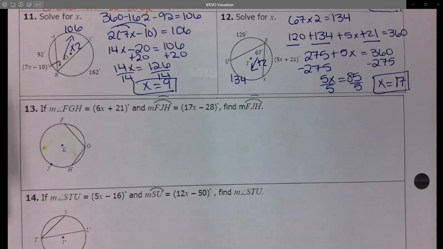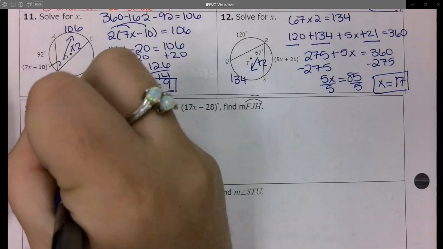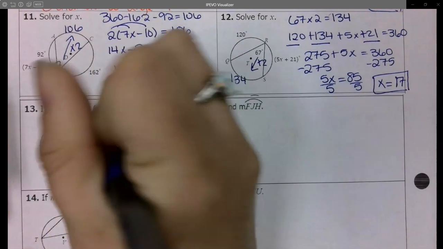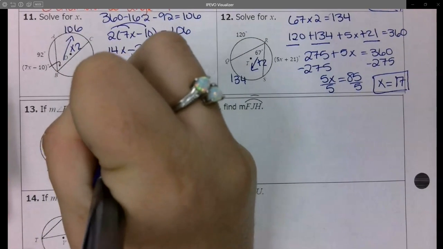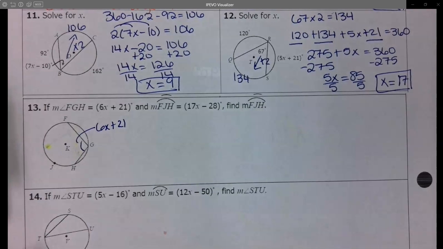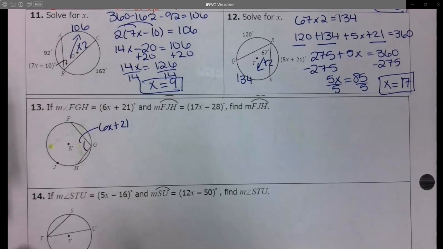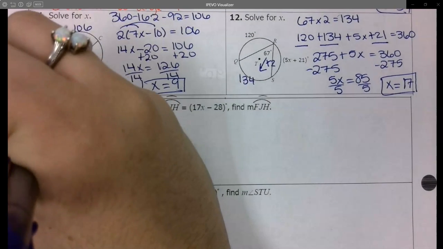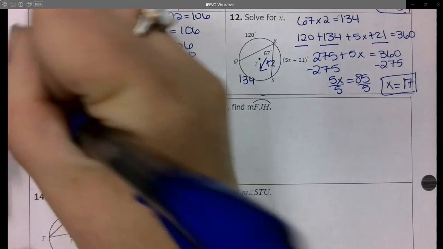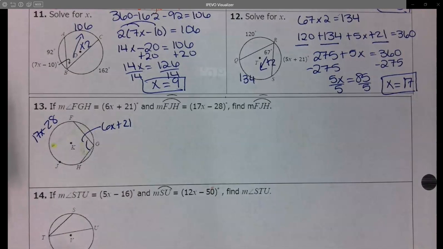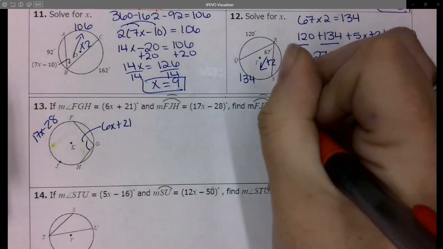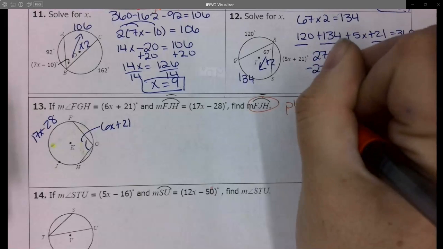So number 13 tells me angle FGH is 6x plus 21, and the arc length FJH is 17x minus 28. It wants me to find the measure of the arc. So this means plug back in x.